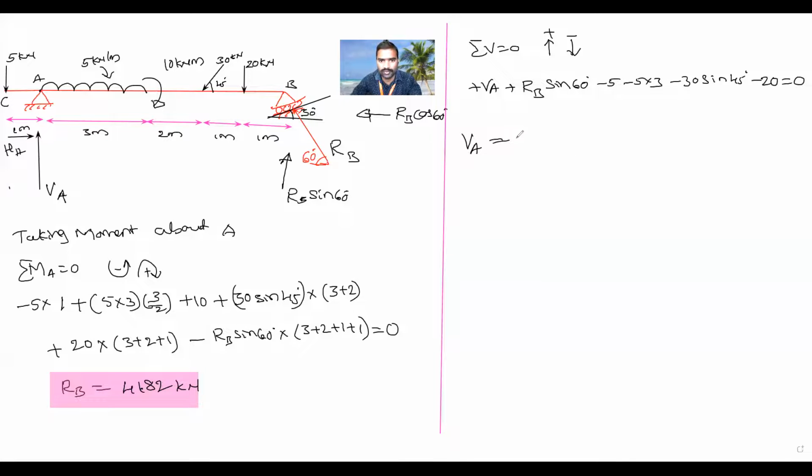RB is 41.82. Minus 41.82 sin 60. Then this will become plus 5 into 3, that is 15, plus 30 into sin 45, so 30 divided by root 2, then plus 20. Yes, calculate VA.